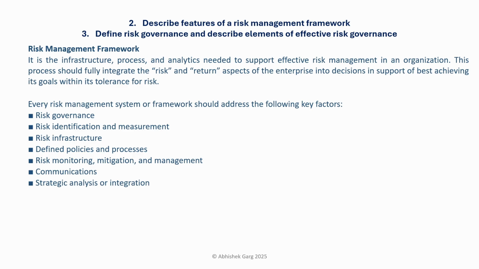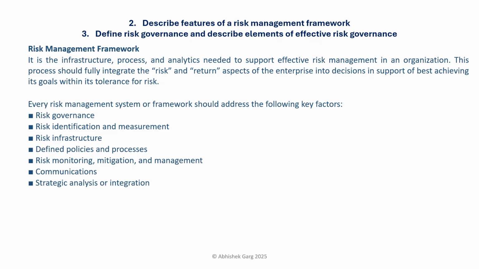Then comes your policies and processes. These policies and processes translate your overall guidelines into your operations. Then comes risk monitoring, mitigation and management. It basically refers to monitoring the risk, then making sure that your risks are aligned with your risk budgeting and risk tolerance levels.